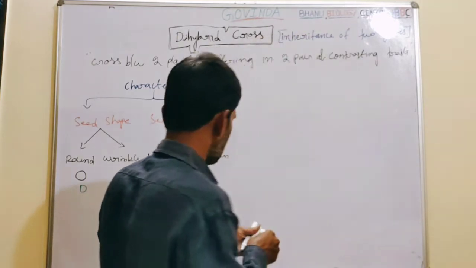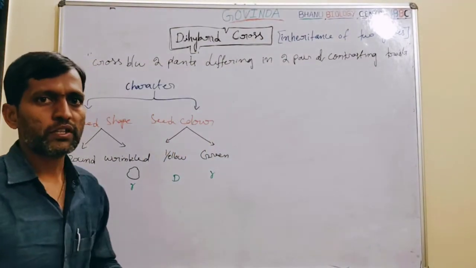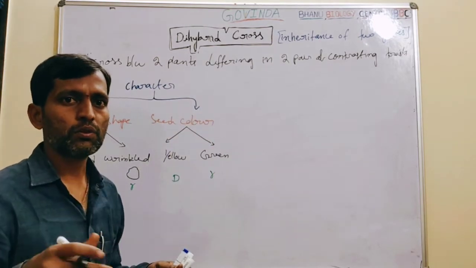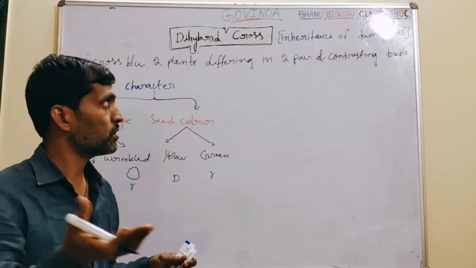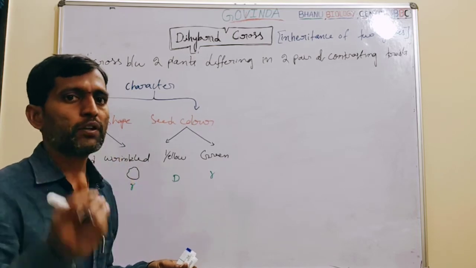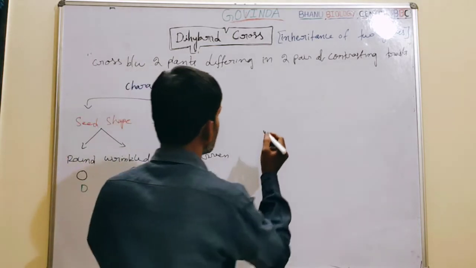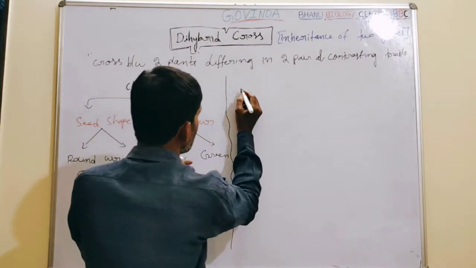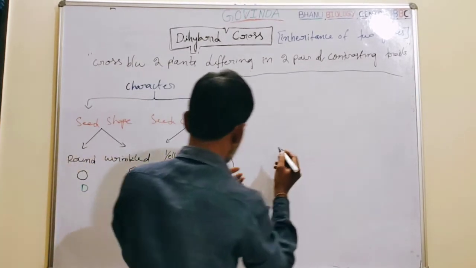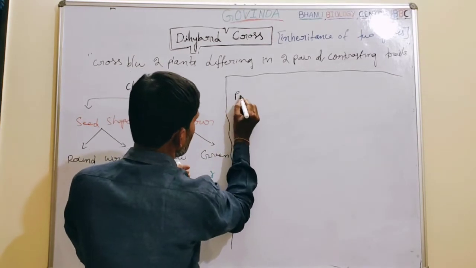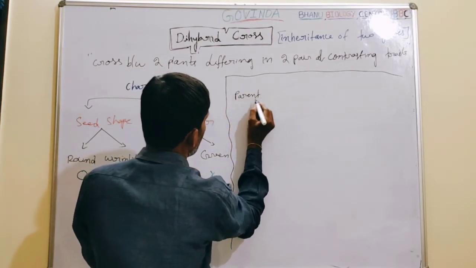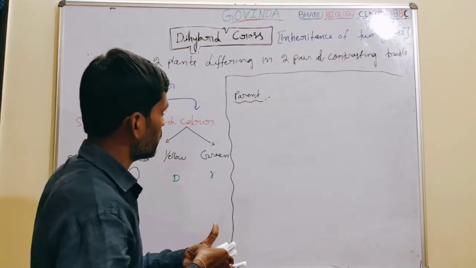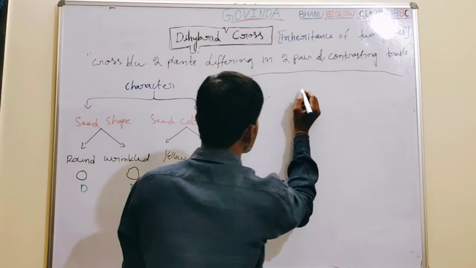Next, I tell you theoretically how the dihybrid cross was made. After that we go for understanding of this cross with the help of the Punnett square. The first step, selection of parents, that is the parent generation. Here two plants are selected.